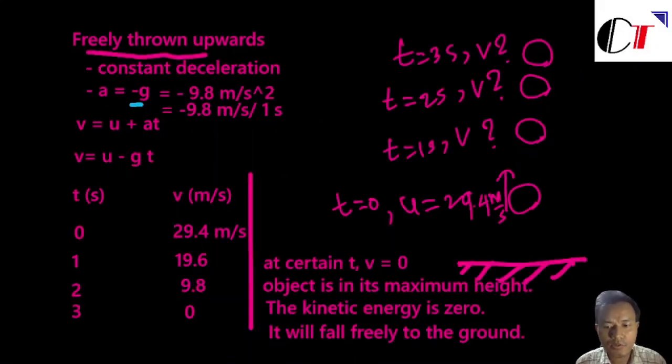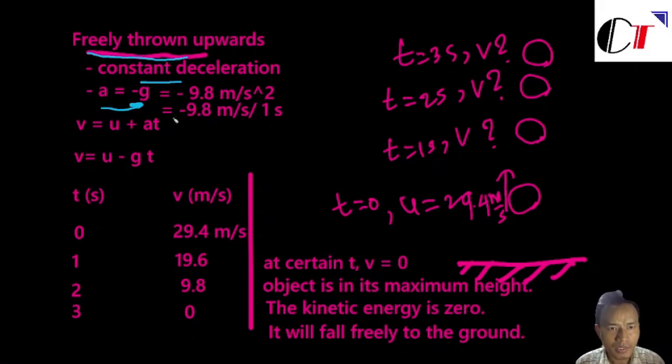Okay, now let's try to find the formula to calculate the final speed, the speed at any time t. So if you look at your object moving freely against the pull of gravity upwards, the type of motion is constant deceleration. So this means acceleration will be just equal to minus g. Of course, g is 9.8 meter per second square.